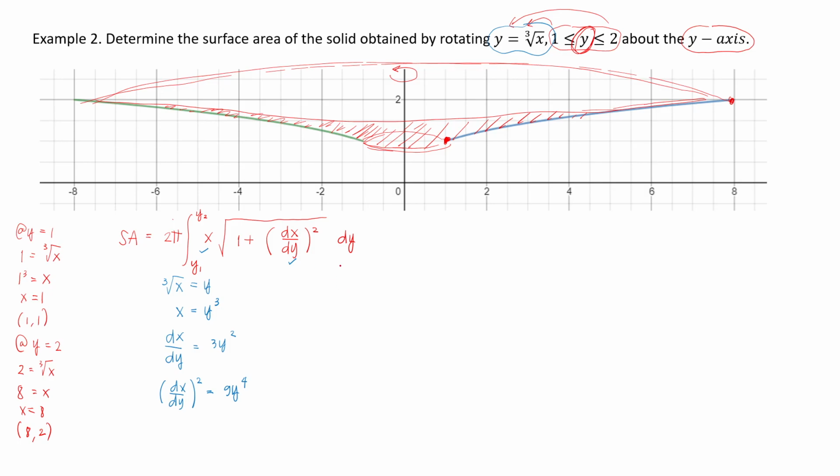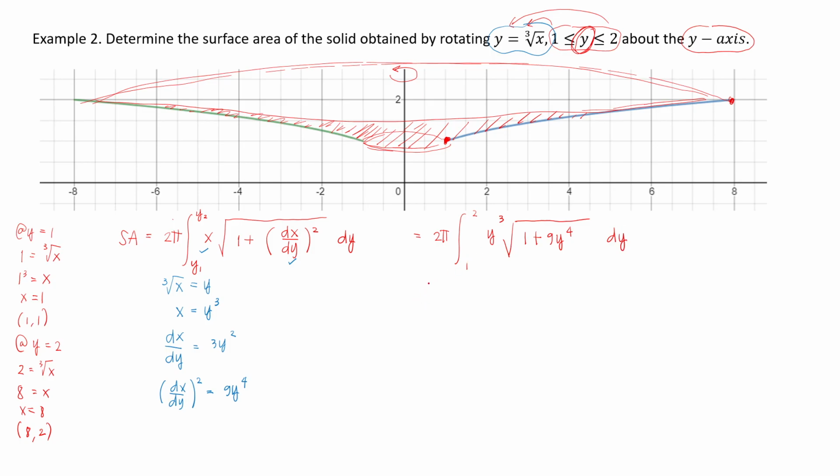Okay, so this is now 2 pi integral from 1 to 2. Then our x variable is y cubed. Then the square root of 1 plus 9y to the power of 4 dy.